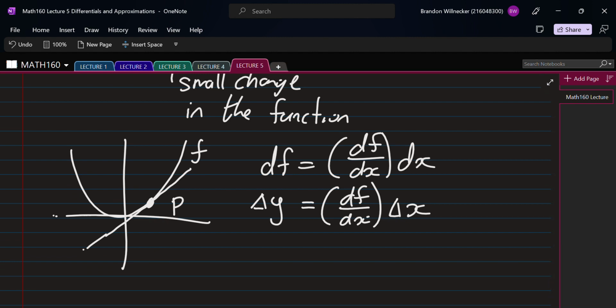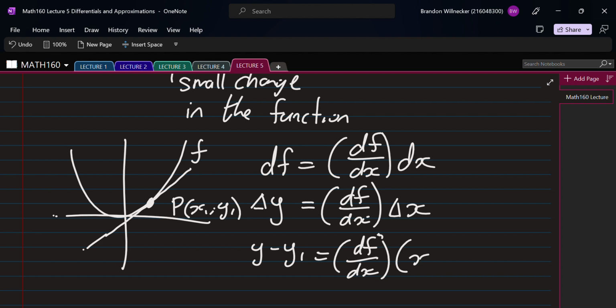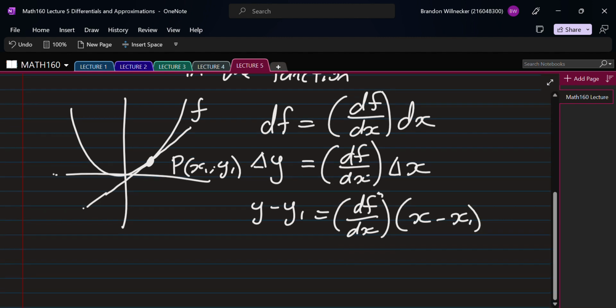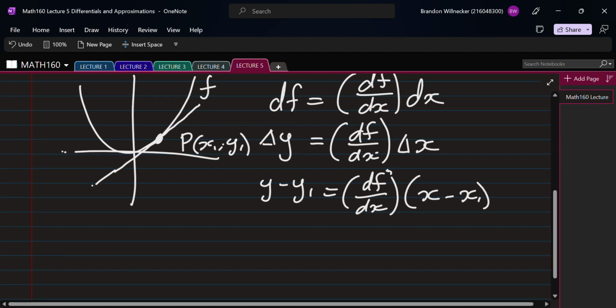If we are at a point P, given by x1, y1, then we can write this as y minus y1, where y1 is the y value of the point P and y is another y value along that line, equal to df by dx, and then delta x we replace with x minus x1, similar to what we did with the y's.